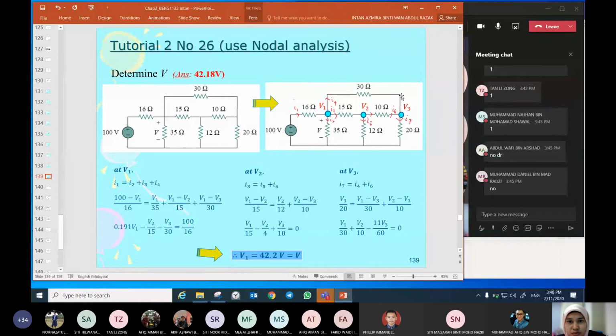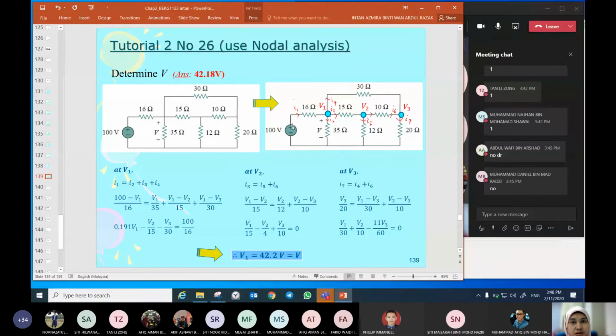Cannot. It must be consistent. You can decide by yourself how to assign the flow of current, up to you, because your KCL will follow that flow of current.